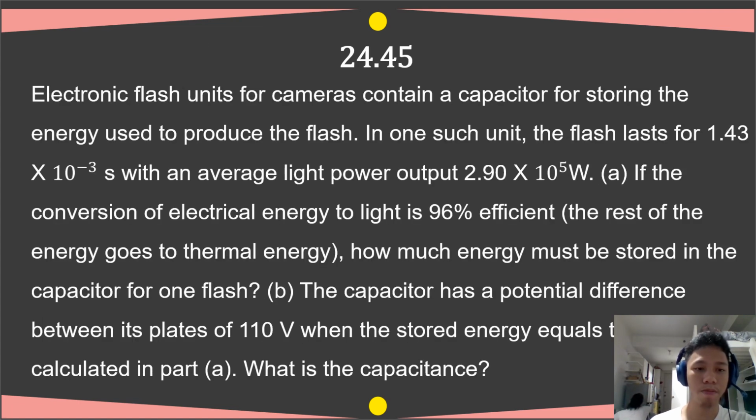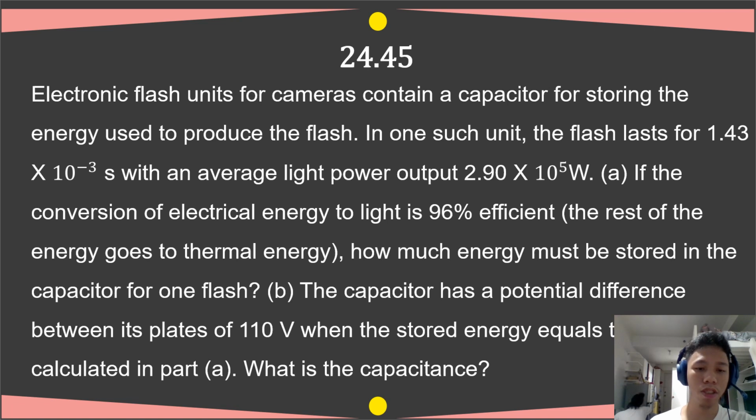So next problem. Electronic flash units for cameras contain a capacitor for storing the energy used to produce the flash. In one such unit, the flash lasts for 1.43 times 10 raised to negative 3 seconds, with an average light power output of 2.9 times 10 raised to 5 watts. First problem.